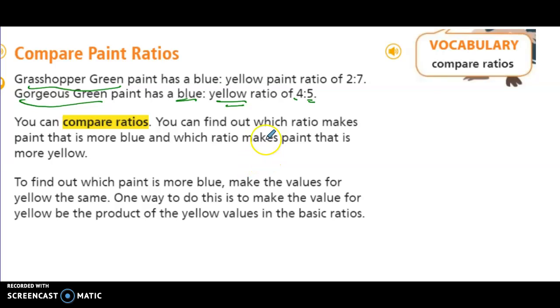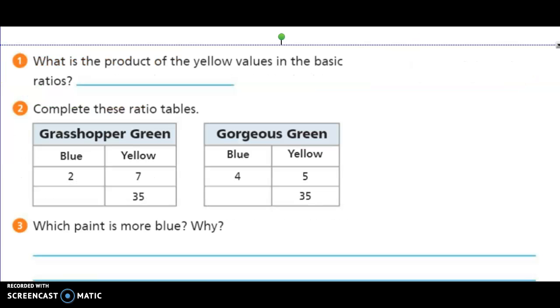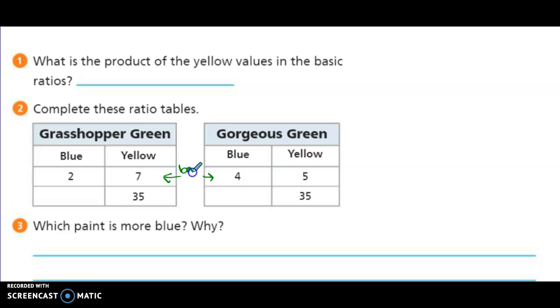We can compare ratios by making, so one strategy to make a comparison would be finding equal amounts of one of those parts and then scaling up the rest. So here we have the basic ratios. This is the basic ratio row. If you remember, it is where the greatest common factor for that row is 1, which is our case here.